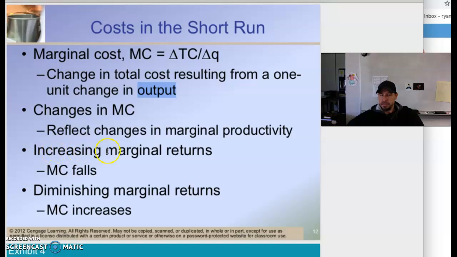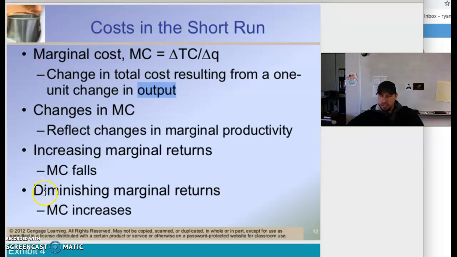While we're experiencing that, marginal costs are falling, and I'll show you here what this marginal cost curve, once we graph it, looks like. It looks like a U under all situations because of the law of diminishing marginal return. Right? As we are increasing our marginal returns, our marginal costs are falling.